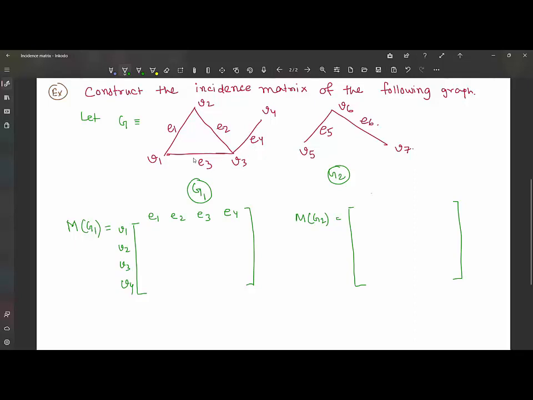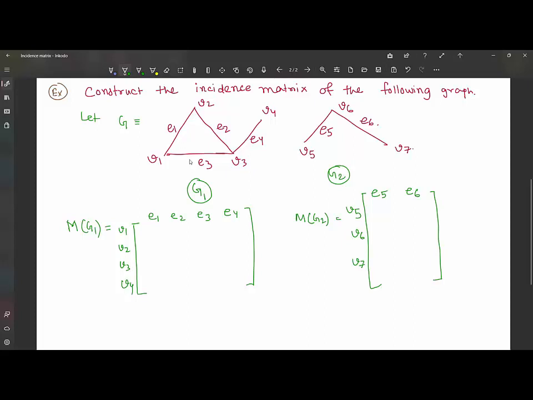Here we will put E5 and E6 only, because there are only two columns, and row-wise we will put V5, V6 and V7. After that just fill in every other value.